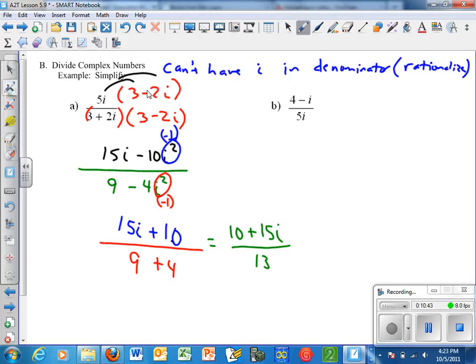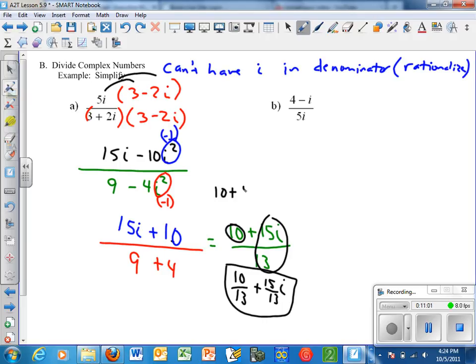But if we wanted to write it as a complex number, really that's 10 over 13, plus 15/13 i. Or again, you could leave it as 10 plus 15i over 13. That would be acceptable. Just make sure you reduce it if you can, if you leave it like that.